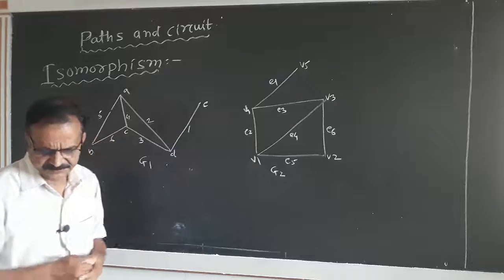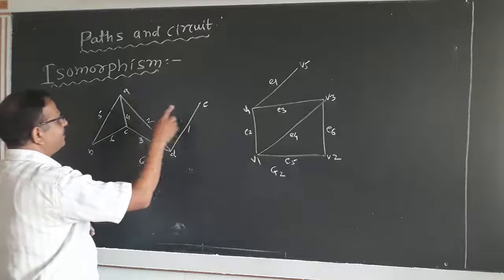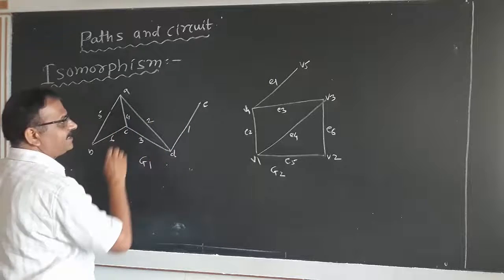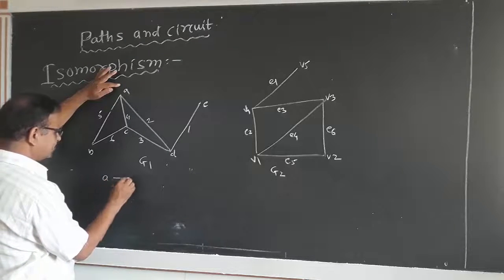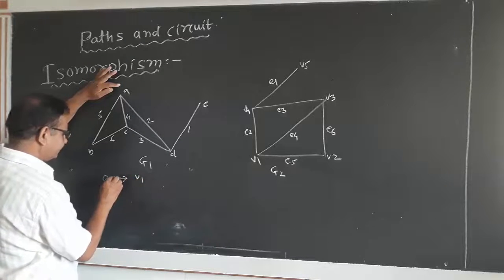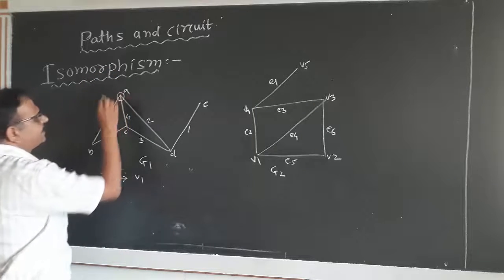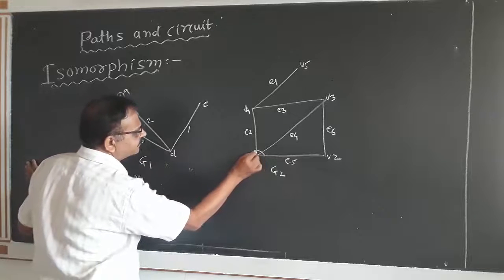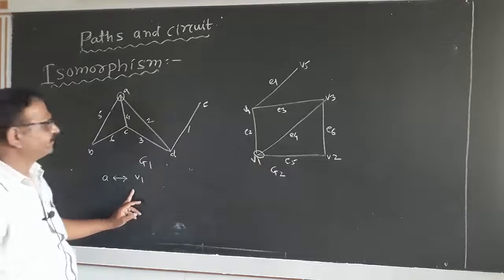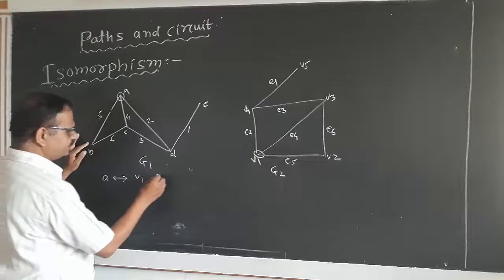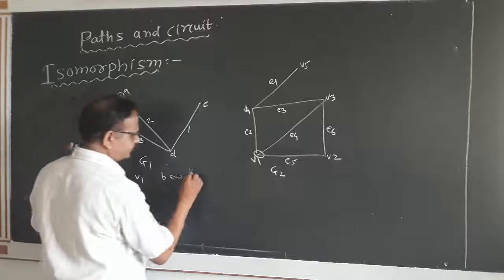Now let us see the vertices A, B, C, D and E. Vertex A is associated with vertex V1. The degree of A is 3 and the degree of V1 is 3. Therefore, A is associated with V1. Vertex B is associated with V2.